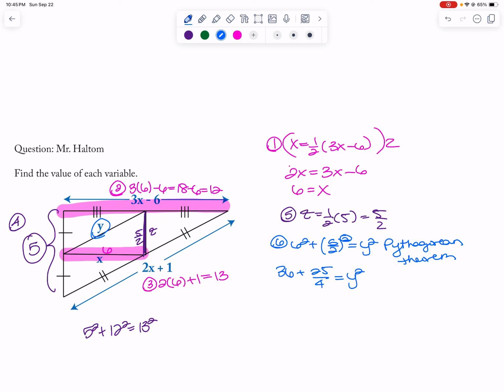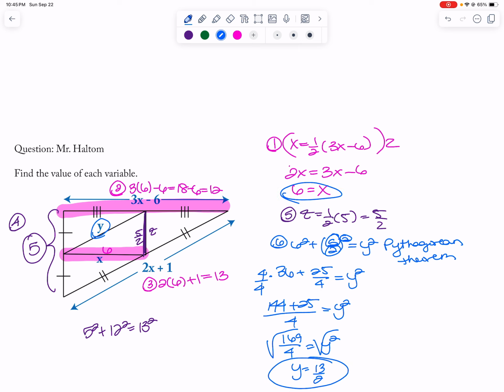Remember that you square both the numerator and the denominator. I need to find a common denominator, so I need to multiply the 36 by 4, so I get 144 plus 25 over 4 is equal to y squared. So I get 169 over 4 is equal to y squared. I square root both sides of the equation, and I get 13 over 2.